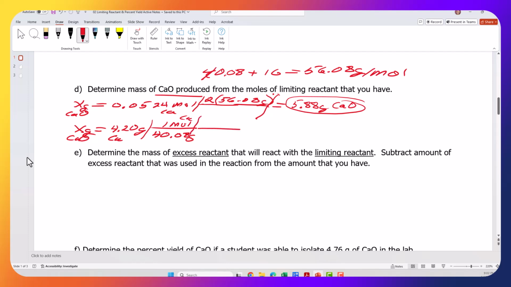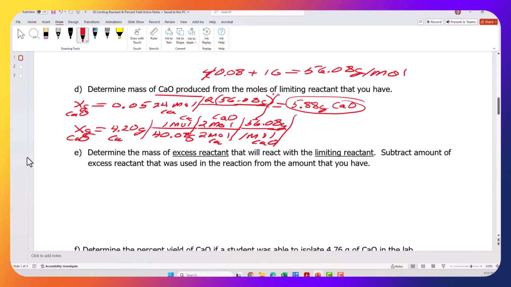I did the mole to mole ratio, which said it requires 2 moles of calcium to produce 2 moles of calcium oxide, and then every 1 mole of calcium oxide weighs 56.08 grams.